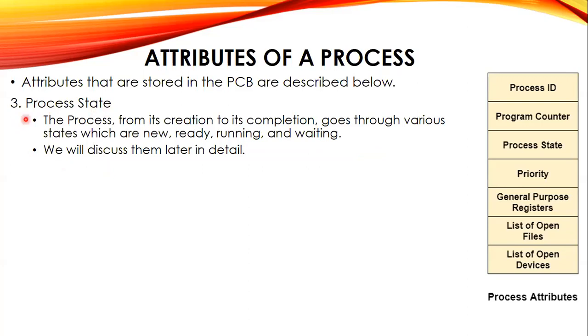Process states: from its creation to its completion, the process goes through various states, which are new, ready, running, waiting, and so on. The state of the process is also saved here, so the system can understand which state the process is in.